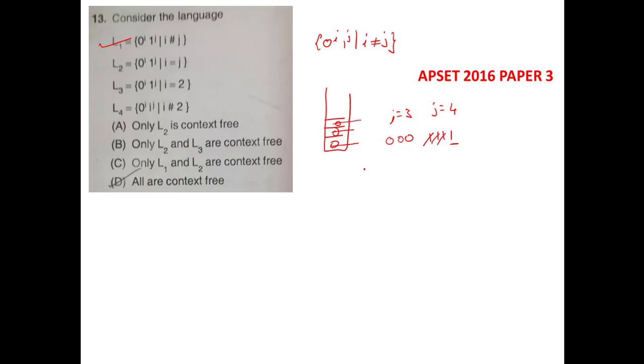And see the next language, L2: 0 to the power of i and 1 to the power of j, where i equals j. Now consider i equals 3 and j equals 3. We push the three zeros into the stack, the first 0, second 0 and third 0, and for every 1 you pop a 0. For the first 1 you pop a 0, for the second 1 you pop a 0, and for the third 1 you pop a 0.